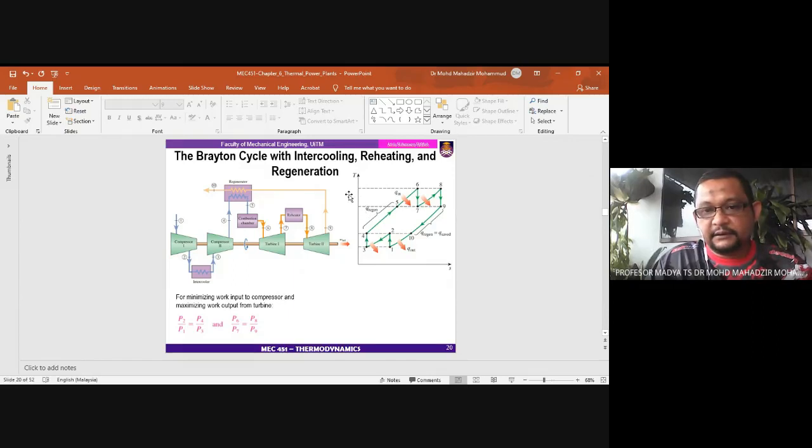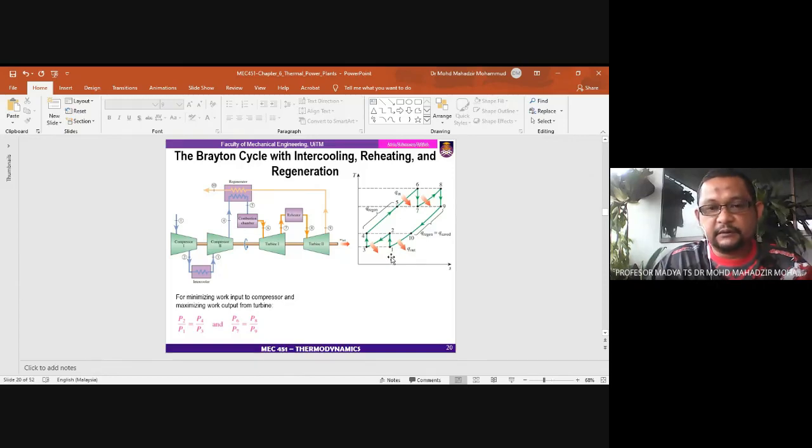For the T-S diagram, if you look at the schematic diagram, states 1, 2, 3 and 4 are the compressor, and this is a multi-stage compressor. For process 1, work is required through the compressor. So at the stage of compressor 1, what happened?